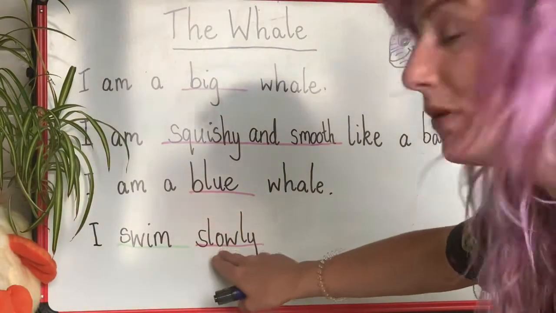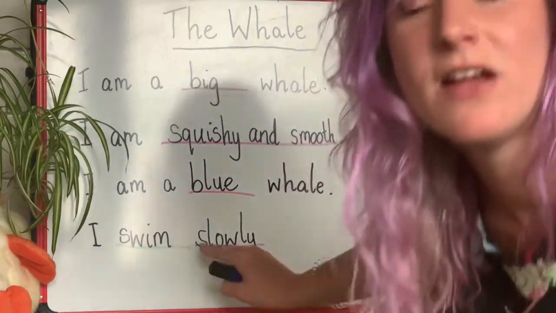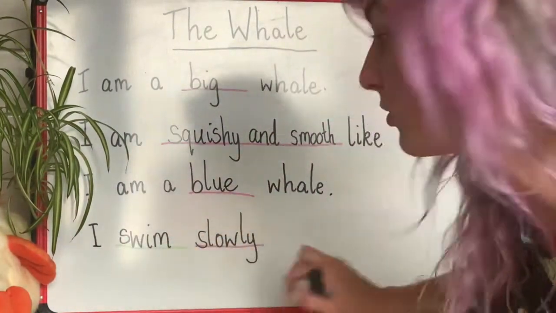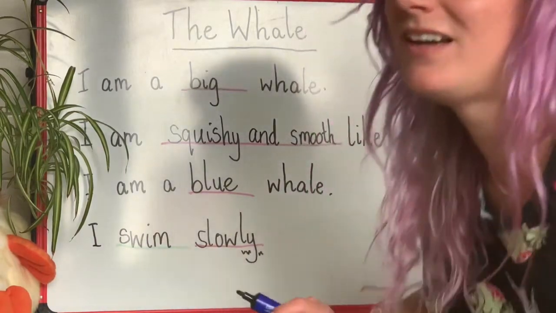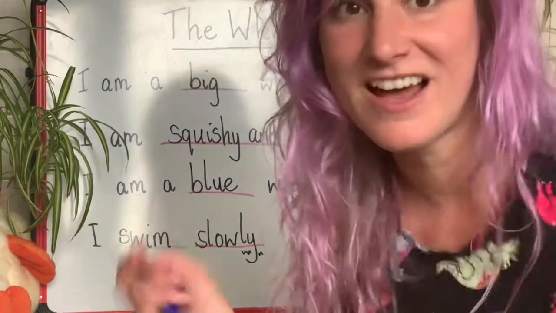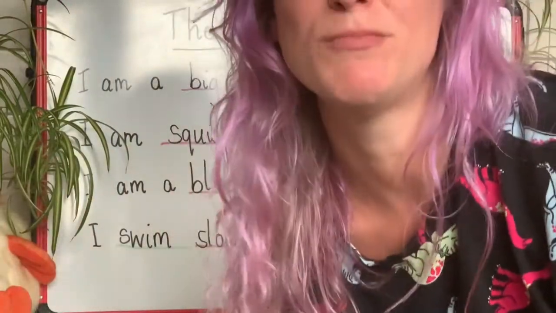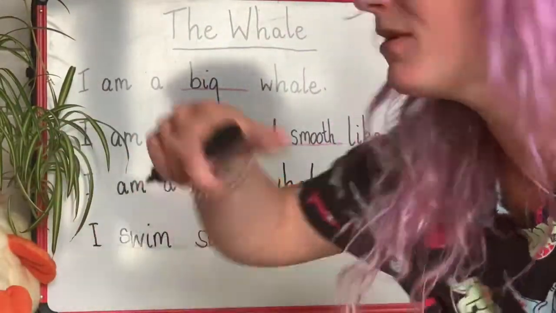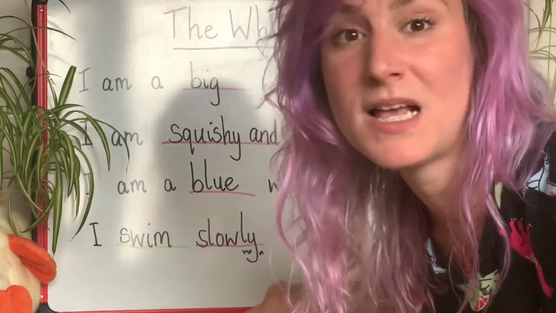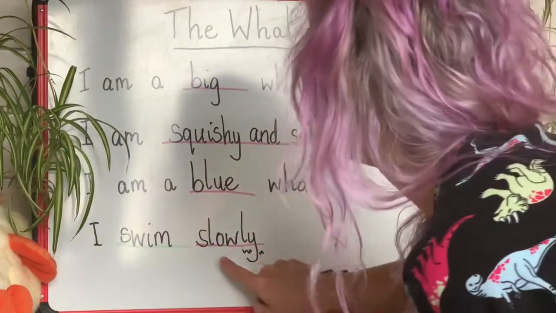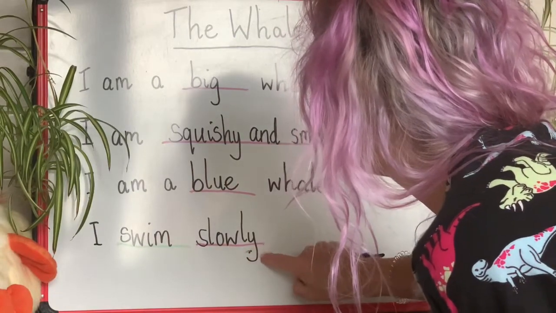Now, when we use an adjective like this to describe a verb and it has got this ly ending here, then it's no longer an adjective, it is an adverb, which means I've added some information to my verb. I've let you know how the whale swims. He swims slowly. So I swim slowly.